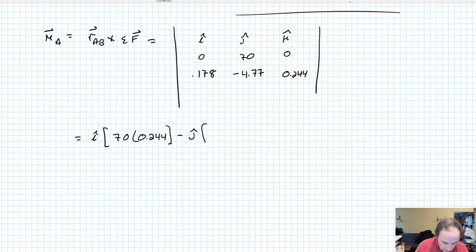Then for our j direction, we have 0. And for our k direction, we get minus 70 times 0.178.